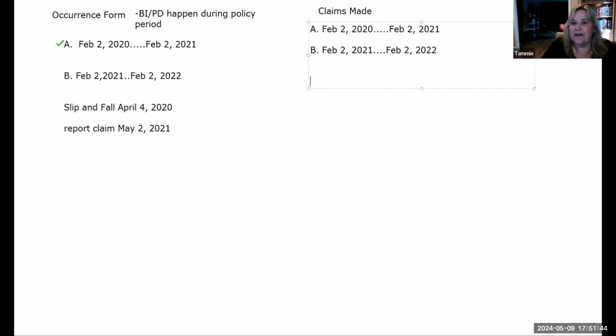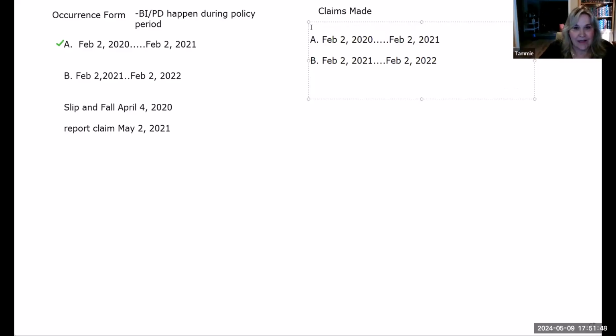What's different about this policy, that the occurrence form does not have, is that each of these policies has what is called a retroactive date. This is the date that the company starts paying claims. It's usually the date that they started their business. So let's say they started their business February 2nd, 2016. That would be the retroactive date.